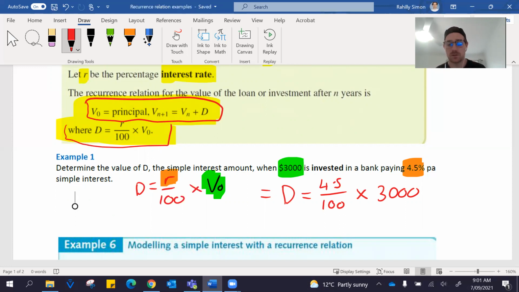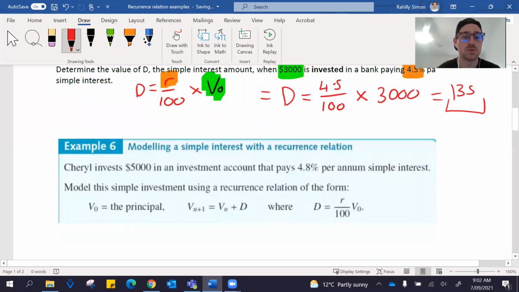So I'll do that now for you quickly. 4.5 over 100 times 3,000 equals 135. So that is saying at the end of each year, the interest added to that principal amount of 3,000 is 135. So that's how we calculate D.